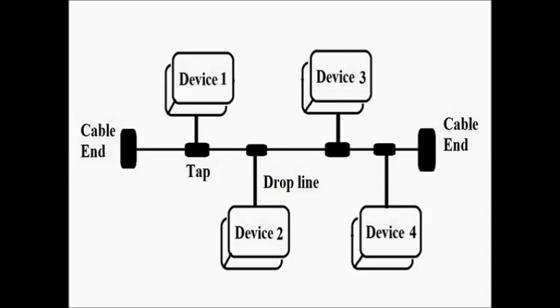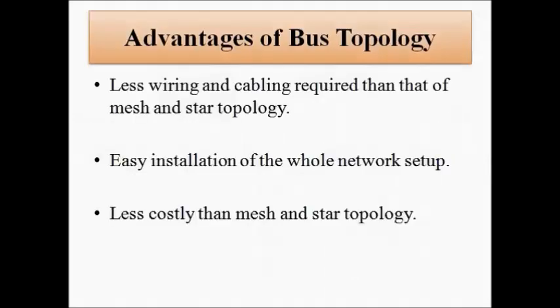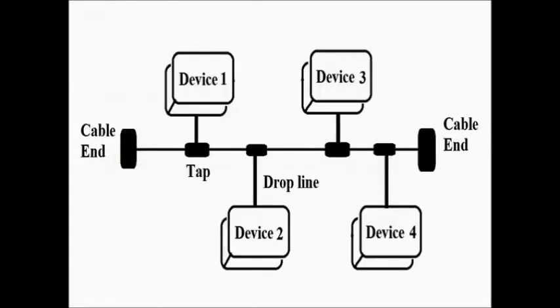Now let us discuss the advantages and disadvantages of bus topology. As you can see, in bus topology only a main cable is involved and the devices are connected through taps and drop lines.